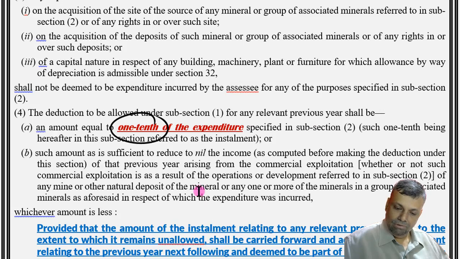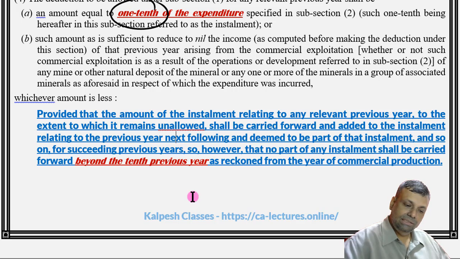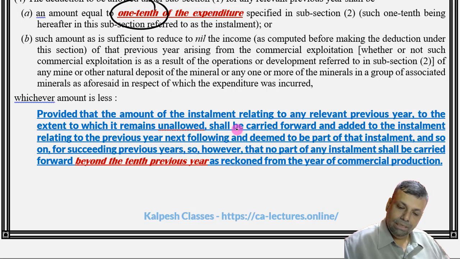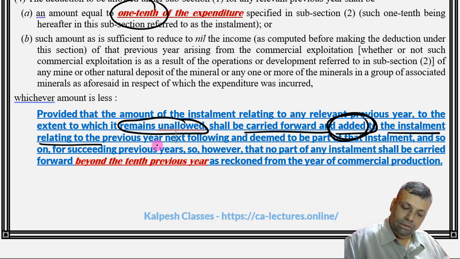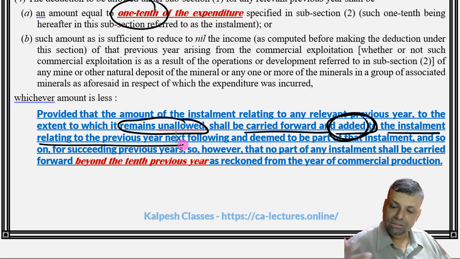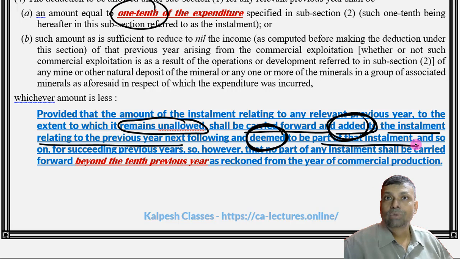And I will also take you to that particular provision. Now here it says, look at this: it shall be carried forward provided the amount of installment remains unallowed. It shall be carried forward and added to the installment relating to the previous year. Next, it shall be deemed to be the part of that particular installment. So this is a very unique language.